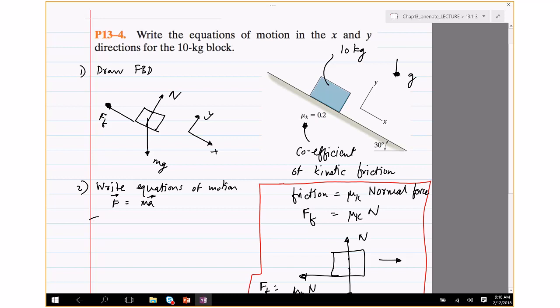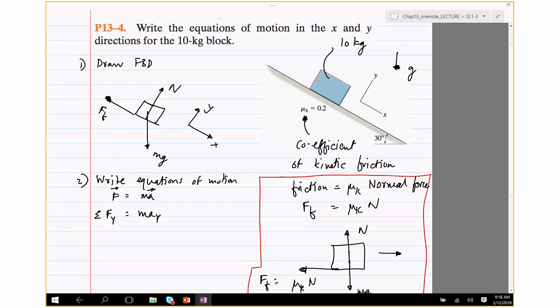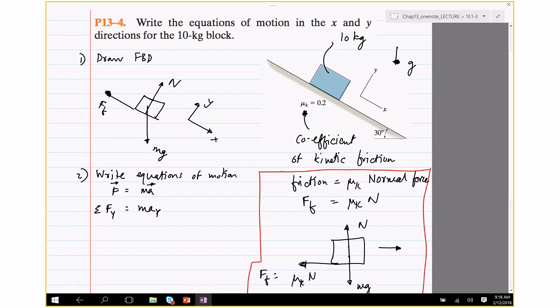So we can write Fx. So let's write Fy first. The net force in the y direction is mass times acceleration in the y direction. So since y points upwards, the normal force is going to be positive. Okay, I need to resolve mg along the incline and normal to the incline.